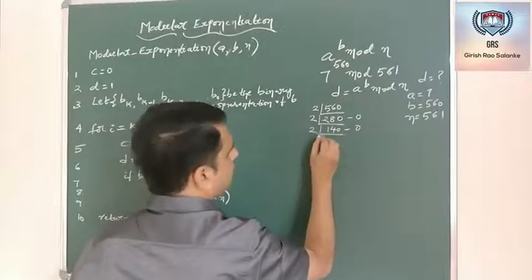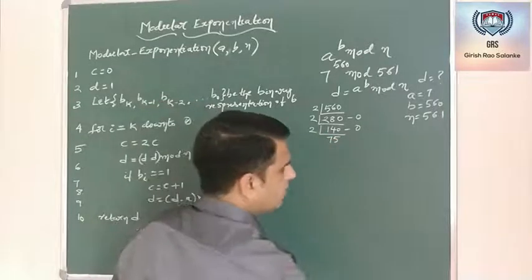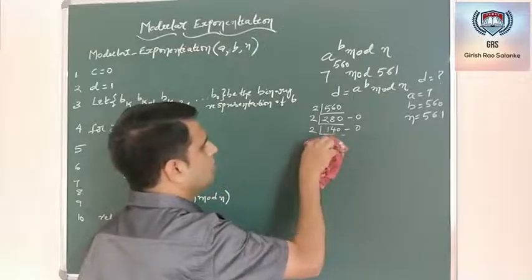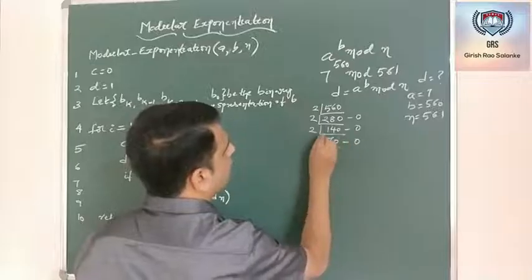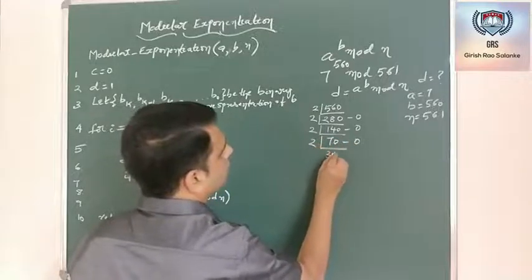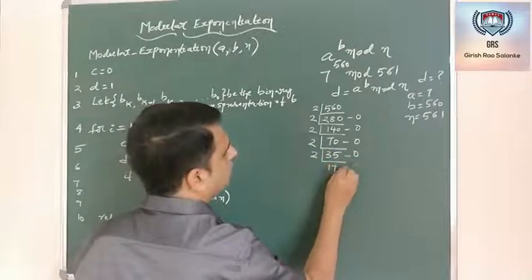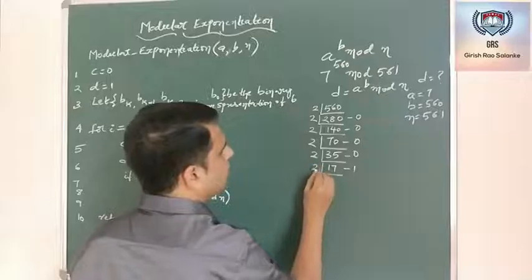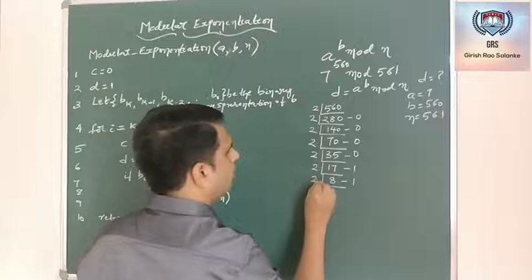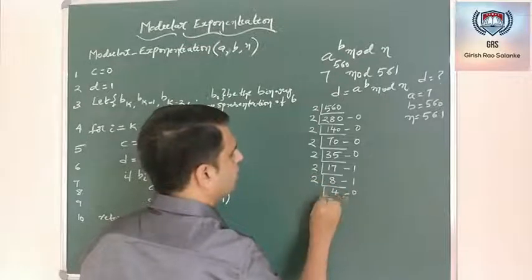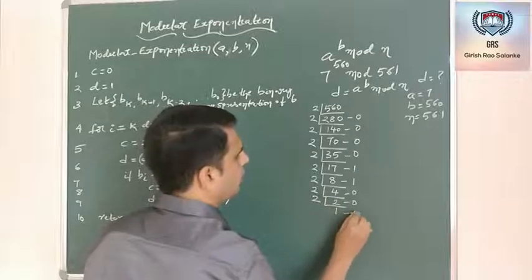Then 70, remainder 0. 35, remainder is 0. Then 17, remainder is 1. 8, remainder is 1. 4, remainder is 0. 2, remainder is 0. 1, remainder is 0.